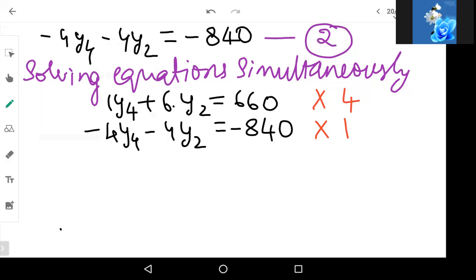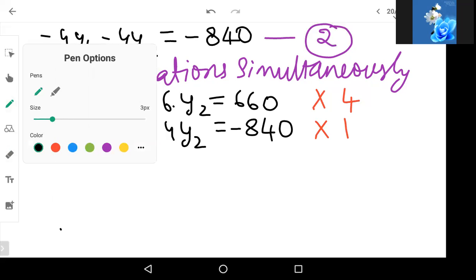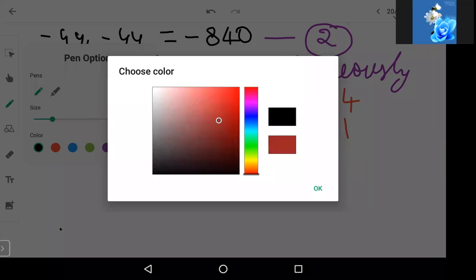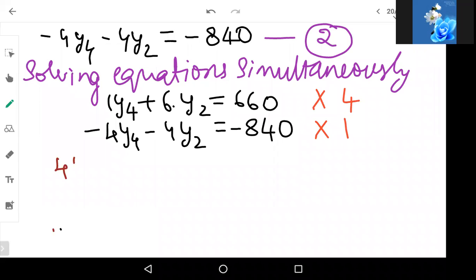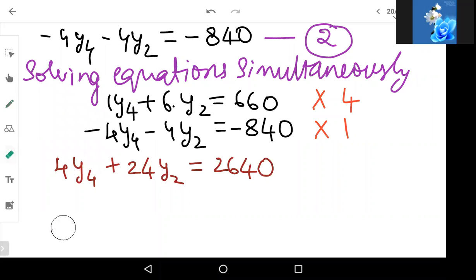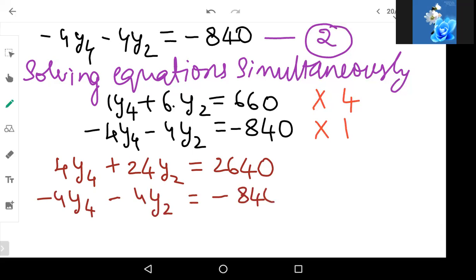Now, the equations will be 4y4 plus 24y2 is equal to 2640, and then minus 4y4 minus 4y2 is equal to minus 840.